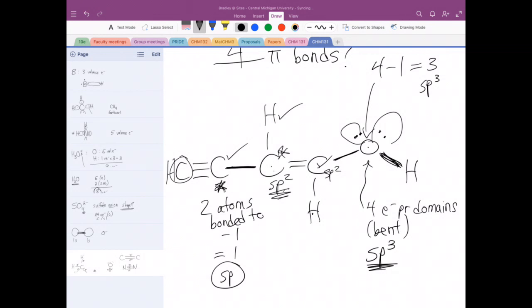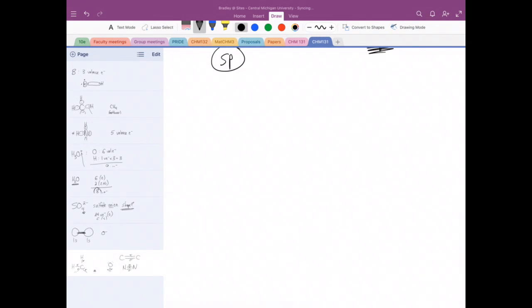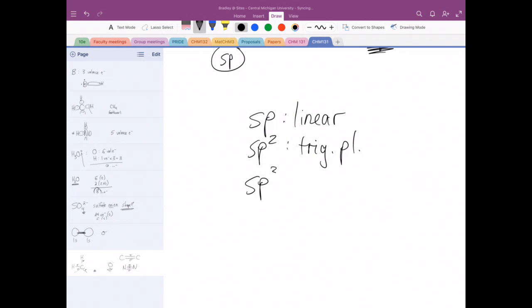Geometries are from that last table: if it's sp, it's linear. sp2 is trigonal planar, and sp3 is tetrahedral.